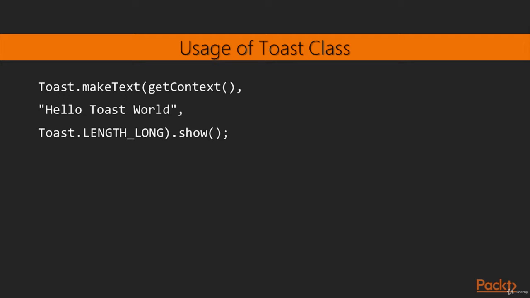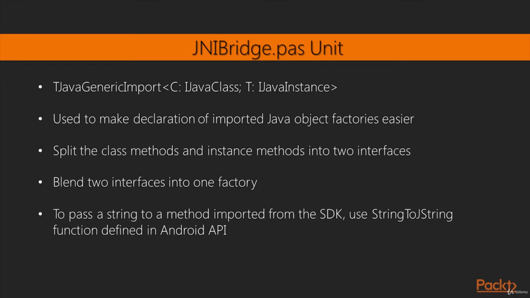Now, with this information, we can start to define our imported Delphi class. The Android Delphi compiler allows you to declare a specific class as a generic Java import of an SDK Java class. The class that does this magic is declared within the Androidapi.JNIBridge.pas unit and is declared here.